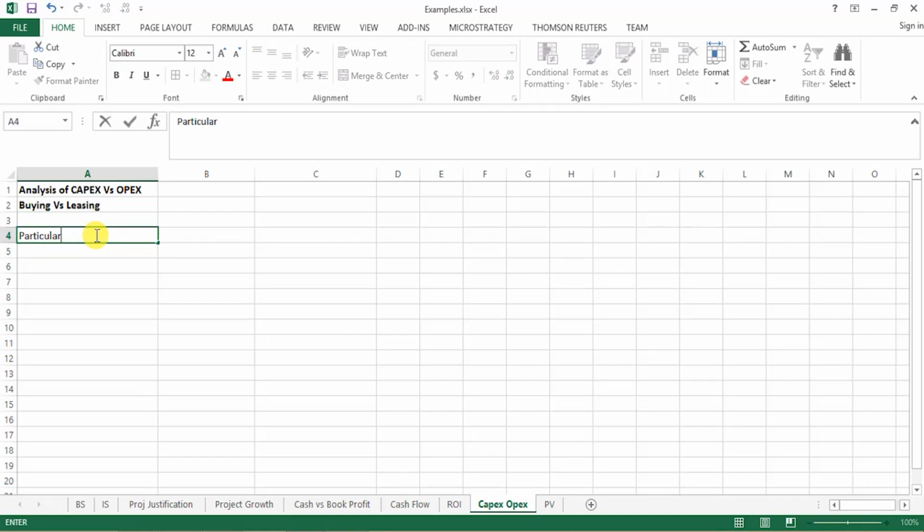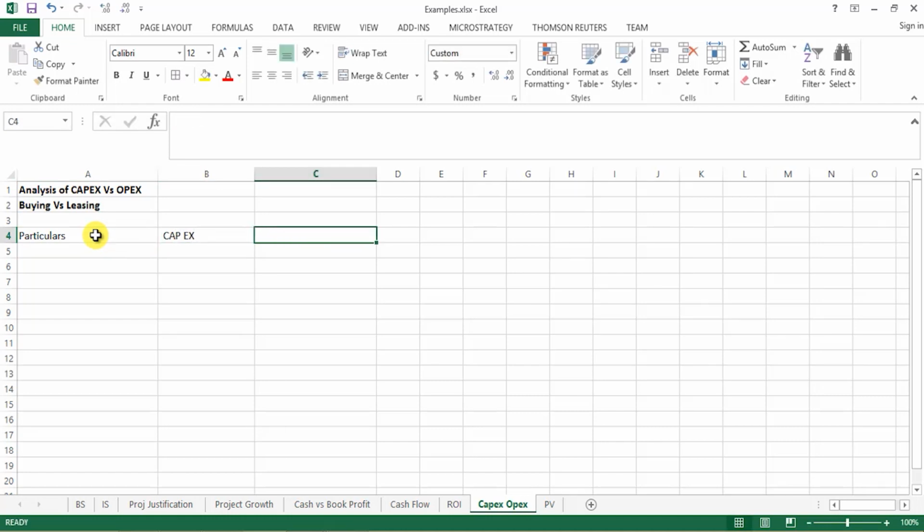Here we're going to list out the line items. Here we say the company incurs a capex expense, and here the company incurs an opex expense. That is, they buy the machinery over here. What is the scenario if we buy it, and what is the scenario if we lease it?